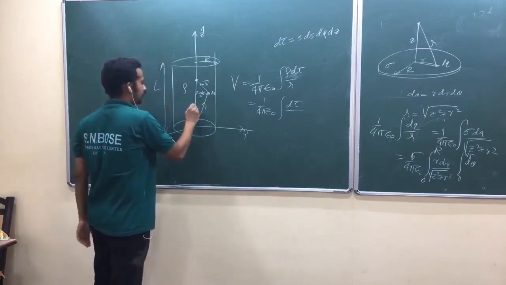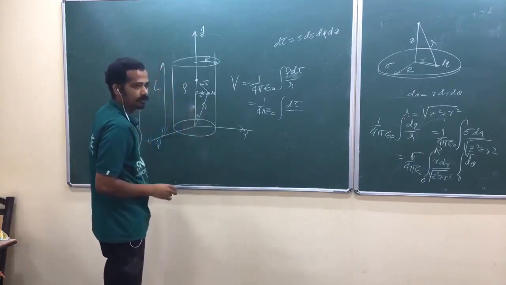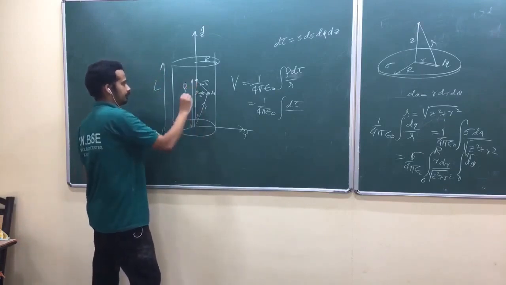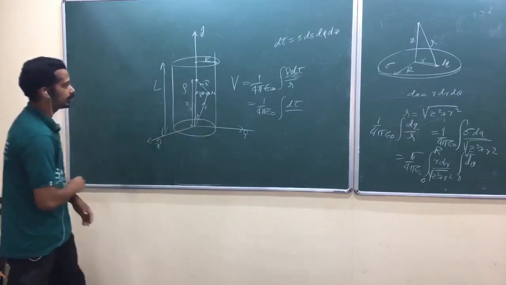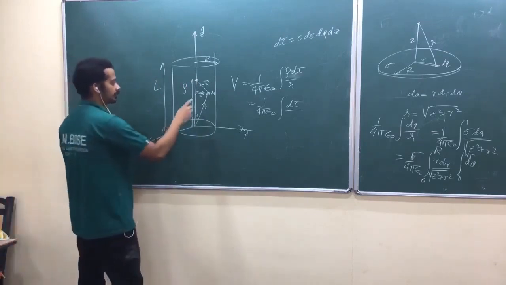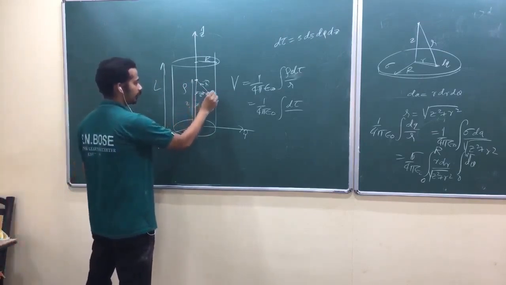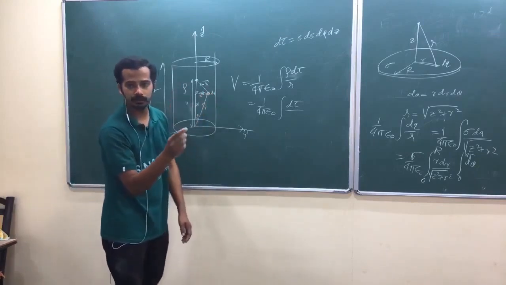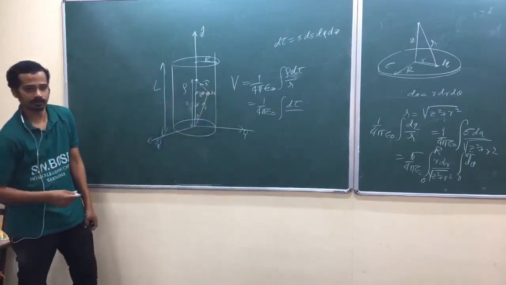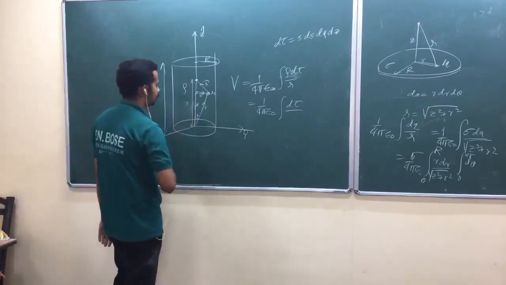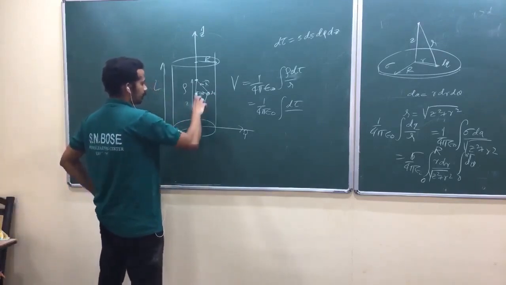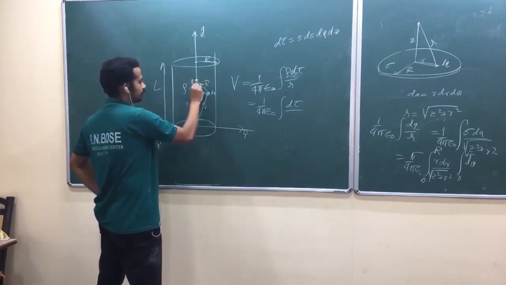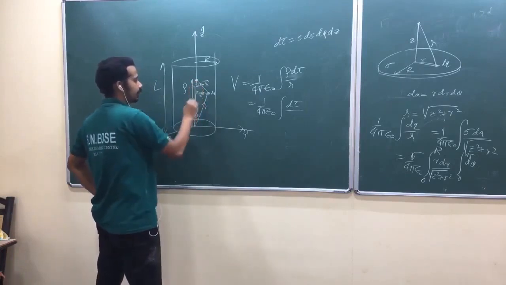So this is Z. No, he has taken this one as Z. But in our integral, I have to take this one as Z prime actually. Why? This prime coordinate is for source charges. Let me take this distance as Z prime. And what is this one? Z minus Z prime.